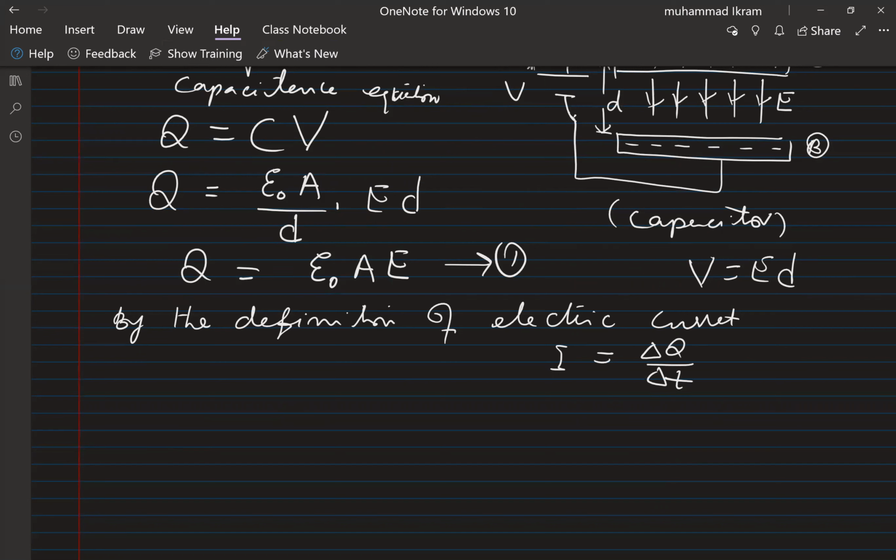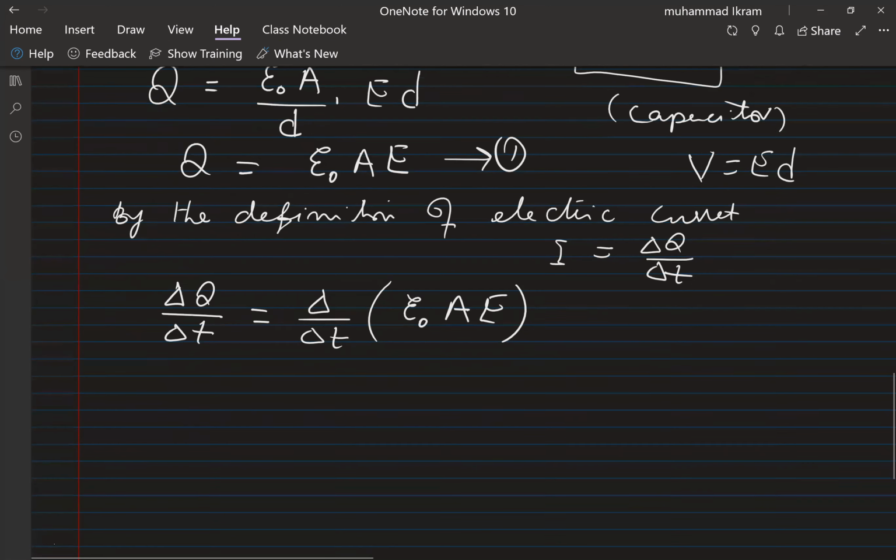So dividing equation 1 by delta t, delta Q by delta t equals delta Q upon delta t, where Q is equal to epsilon naught A into E.